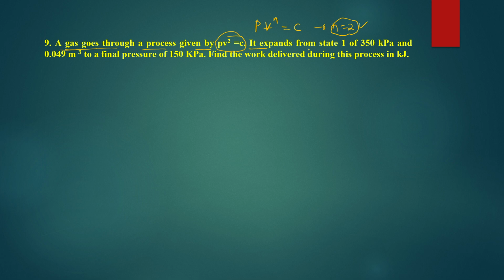So it expands from a state 1 of 350 kilopascal and 0.049 meter cube, right? So basically it is giving some data about the state point 1, where I can write, given data.